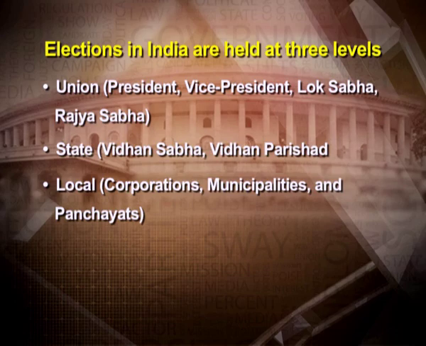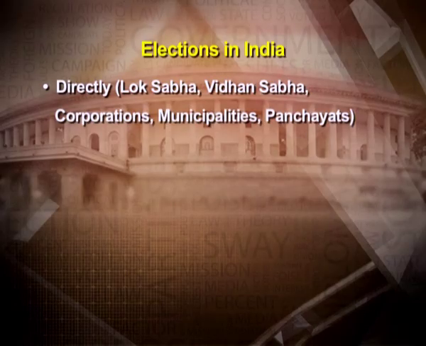Most elections are direct elections, whether it is the election to the Lok Sabha or the Vidhan Sabha or the corporations, the municipalities and the panchayats. All these elections are direct elections. What are direct elections? Where people directly vote.